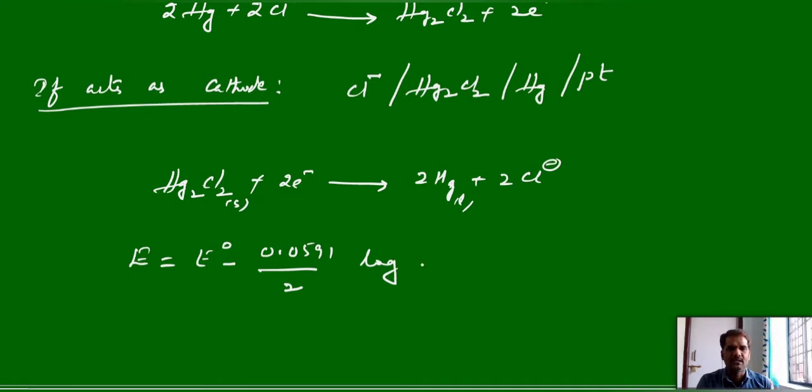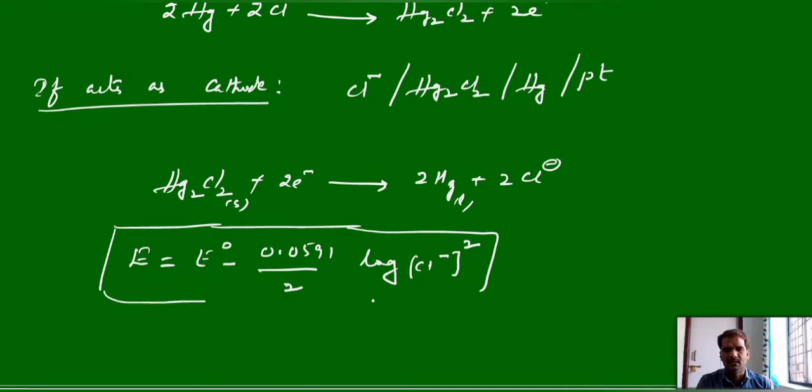We are left with only the chloride ion concentration, Cl minus concentration to the power 2. By using this formula we can calculate the electrode potential of the calomel electrode. And the electrode potential value depends on the concentration of Cl minus ion. If you change the Cl minus ion concentration, the electrode potential value will change.